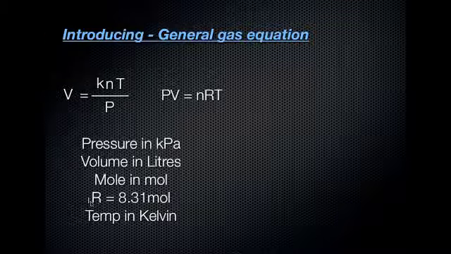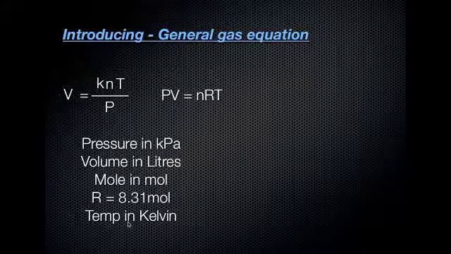And our R value is 8.31. I haven't given you the proper units for this. It's not mole, it's actually litre kPa per mole per Kelvin. That's what this R value is, but all you need to know is that it is 8.31.